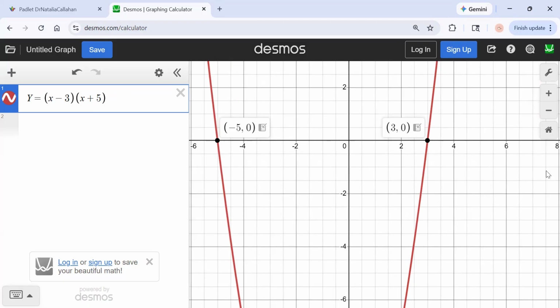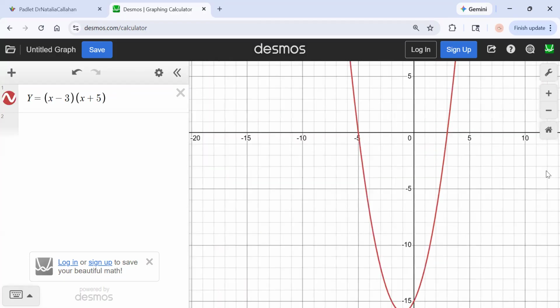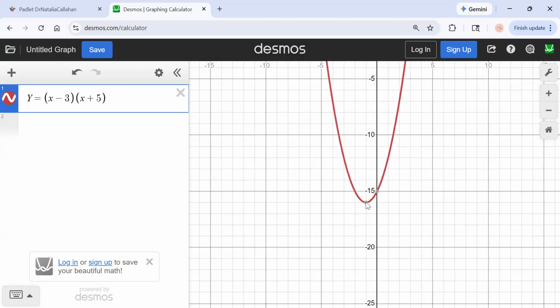Okay. Y-intercept. Vertex. Axis of symmetry. Make sure you label that. Did you draw your axis of symmetry? Does it tell you to actually draw it, or you can just do it on your own?